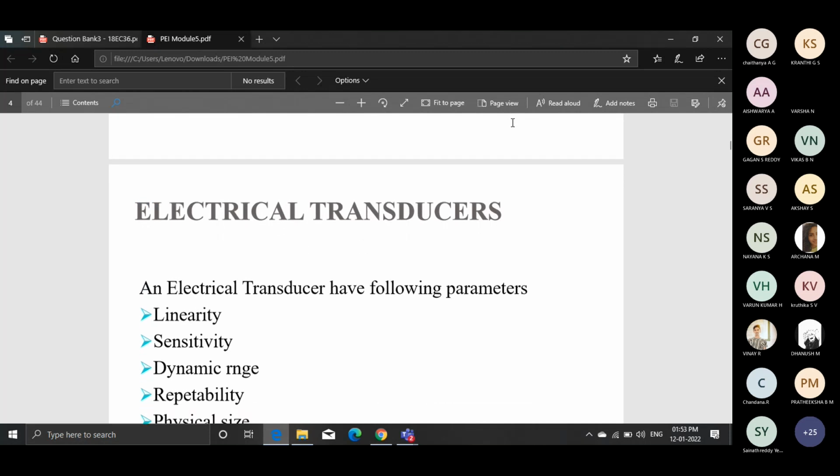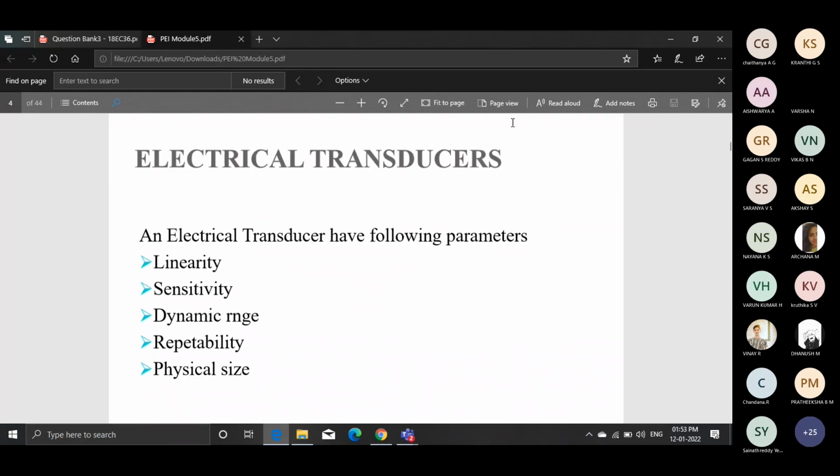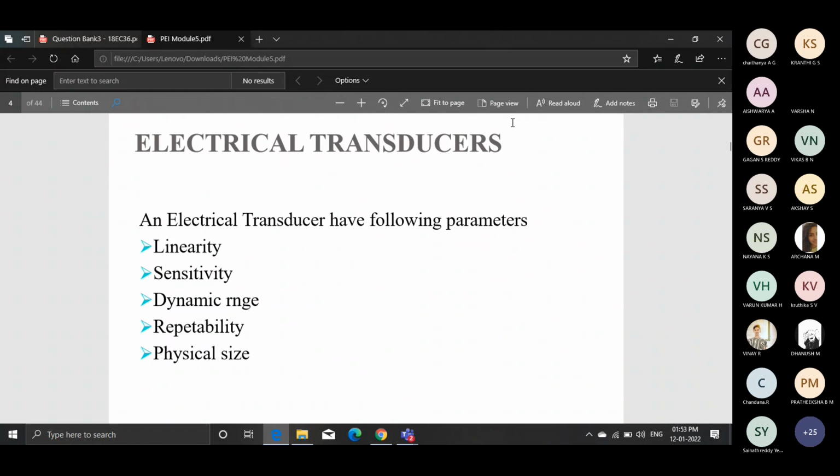So what parameters will an electrical transducer consider? An electrical transducer has the following parameters: linearity, sensitivity, dynamic range, repeatability, and physical size. Just check the questions I have framed in your assignment.